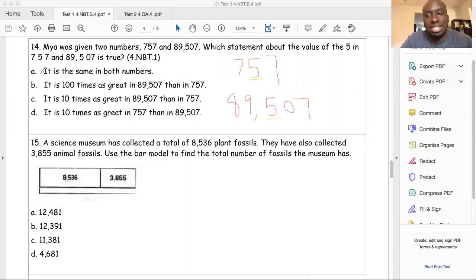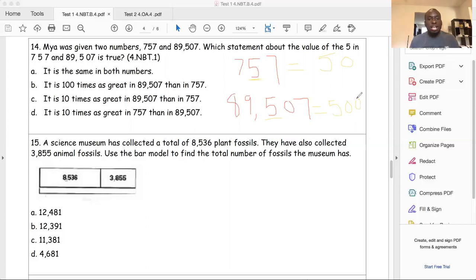Let's go down by process of elimination. These numbers are not the same. Yes, the digit 5 is the same, but the value is different. The value of this 5 in 757 is 50. The value of this 5 in 89,507 is 500.